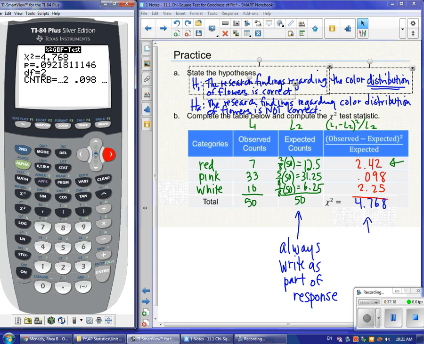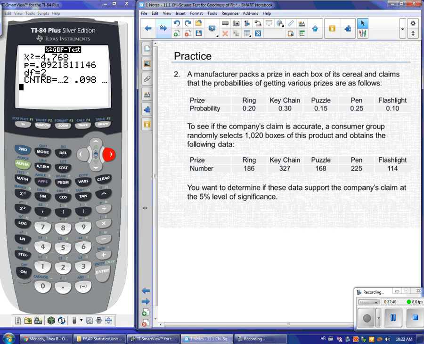Okay, there is one more problem, number 2, that deals with a manufacturer's packs, prizes in a box of cereal. You're given the claim about the population, and again, these are given to you in percentages. And then you're given the actual box where you've selected 1,020 boxes of the product, and you've obtained data. So let me go back here.